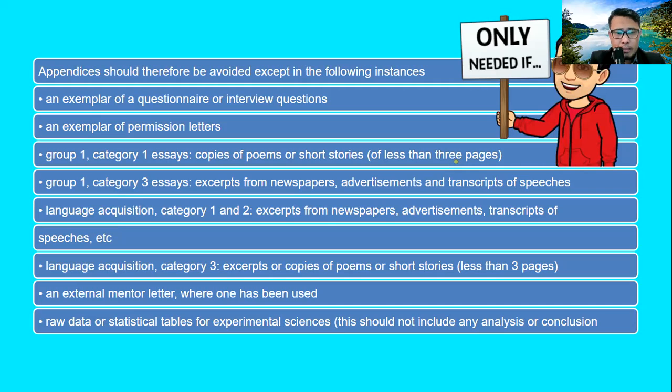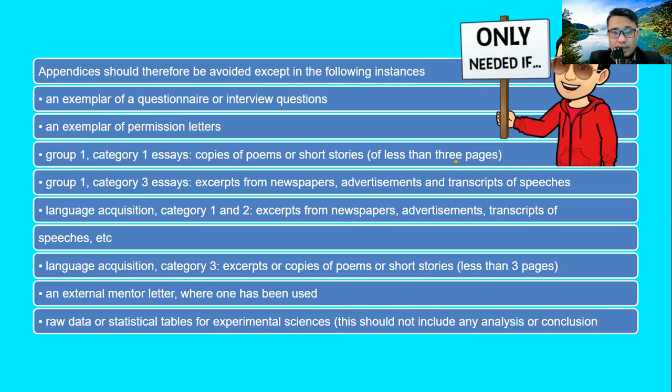An external mentor letter where one has been used. So, for example, if you are going to ask someone else to supervise you because there is no teacher who has the background according to the subject chosen for your extended essay, that's why you need to put in a proof or letter mentioning that you are going to ask someone, the external mentor, to be your supervisor.